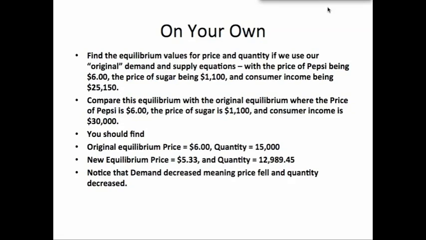What we want to do is compare that with an equilibrium where we change the consumer income. And if you work through the points on this slide, you'll see that I've given you the answer and left the work up to you. If you plug and chug through the math and do it properly, you will find that there is a new equilibrium price and a new equilibrium quantity. And those are given on the slide.